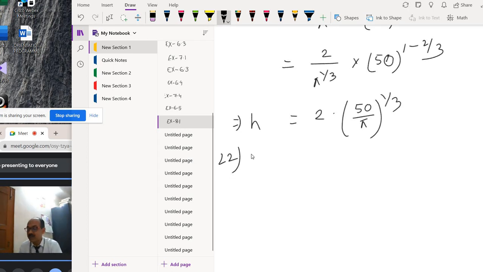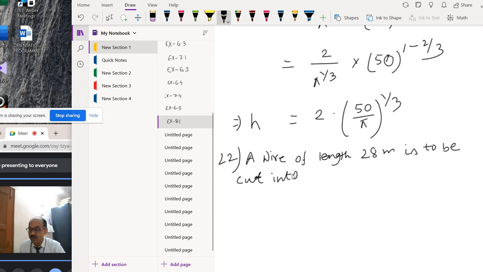A wire of length 28 meters is to be cut into two pieces.